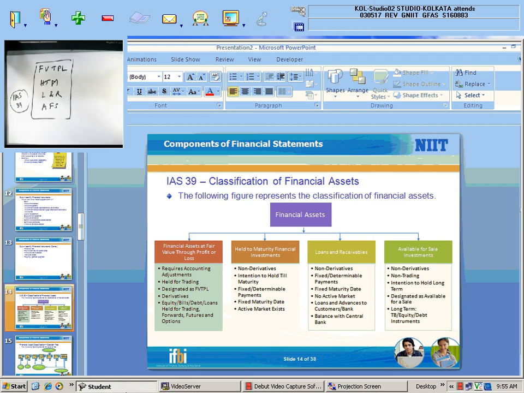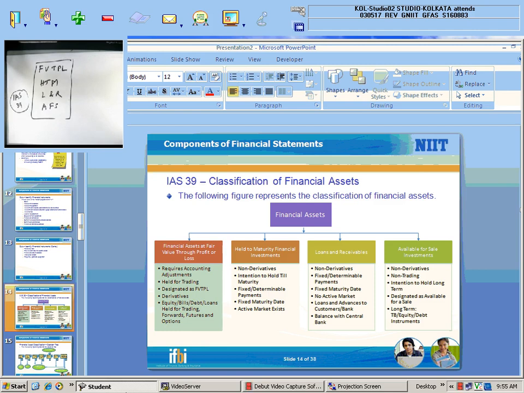The first category, which is financial assets at fair value through profit or loss, includes all derivatives, financial derivatives, commodity derivatives, etc. Financial assets that the entity either holds for trading purposes or otherwise has elected to classify into this category.